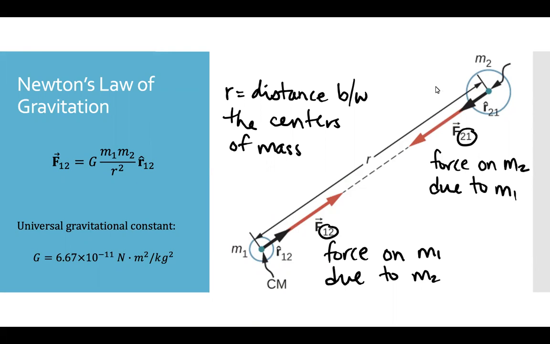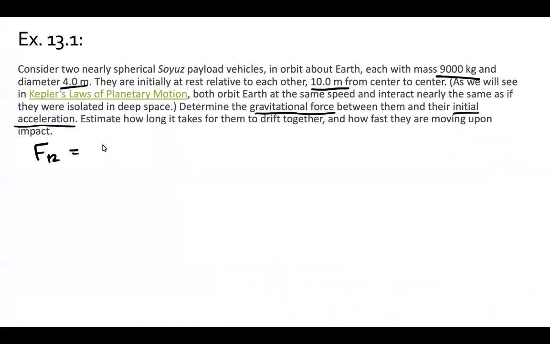Okay, so let's go back. Now we're going to say F12 is going to be G M1 M2 over R squared. For now, since we are not worried about the direction, we're going to drop the vector notation. Now, we said that each mass is 9,000 kilograms.